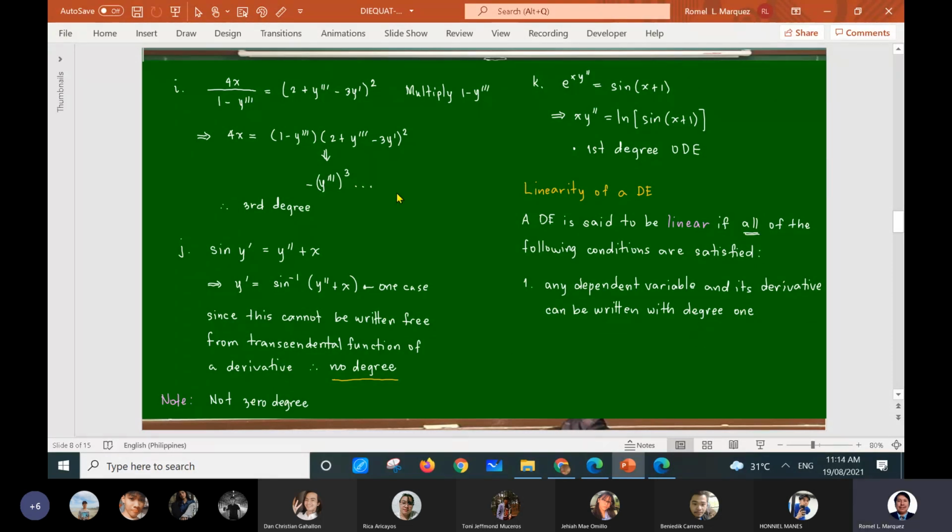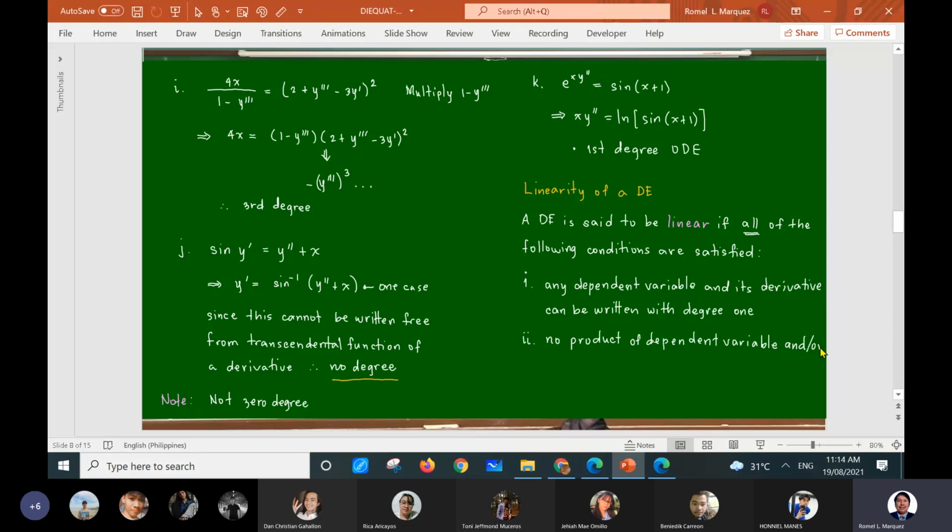Second condition. There are 3 conditions. Second condition: no product of dependent variable and/or any derivative must occur.